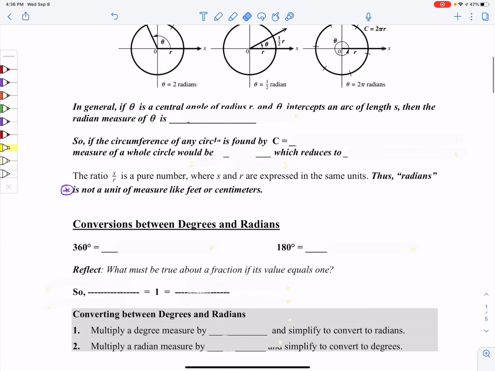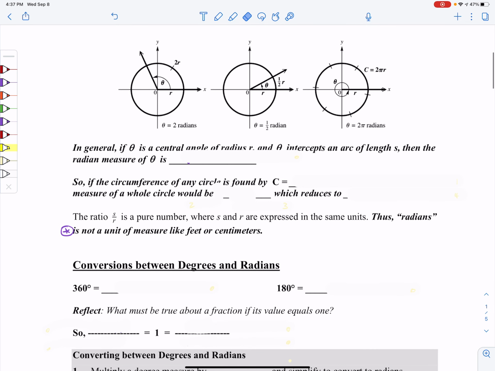So this is where the technical discussion comes in. Hang with me. You might need to watch this a couple times to get an idea of exactly what it's talking about. In general, if theta is a central angle of a circle of radius r, and theta intercepts an arc of length s, then the radian measure of that central angle is s divided by r.